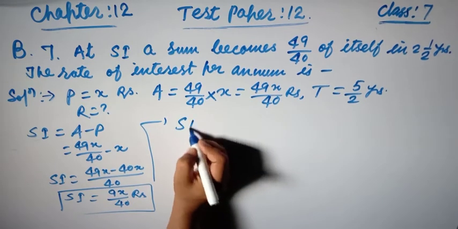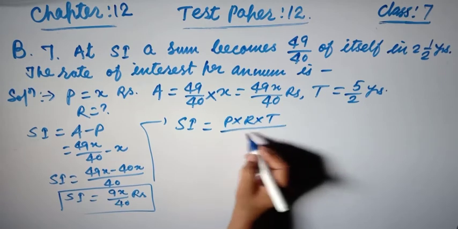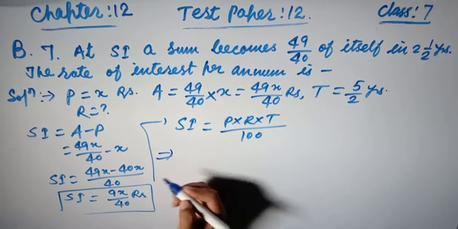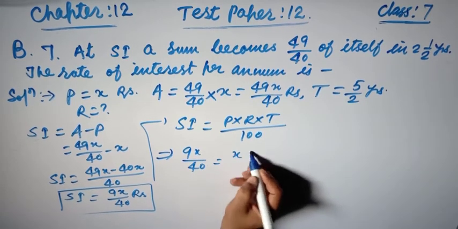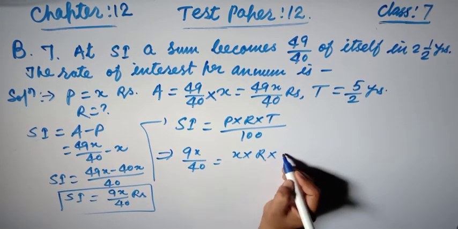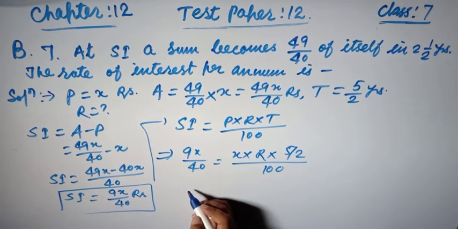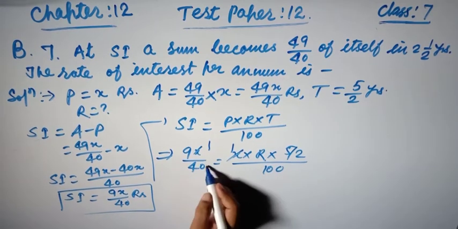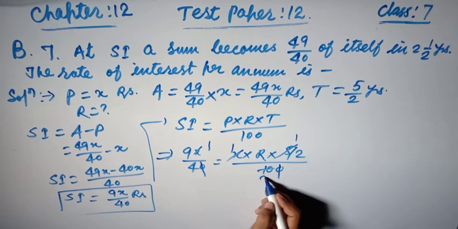Now from the formula once again, SI is equal to P into R into T divided by 100. Now here friends, SI is given 9X by 40. Now P is X, R we have to find, T is 5 by 2. Now this is 100. Here friends, X will get cancelled. 10 will get cancelled. 5 1 5 friends, 5 2.